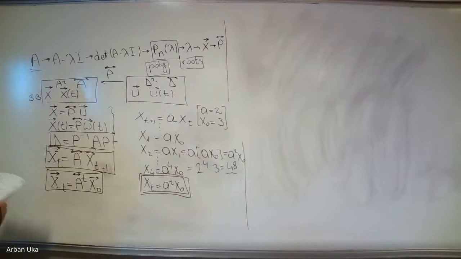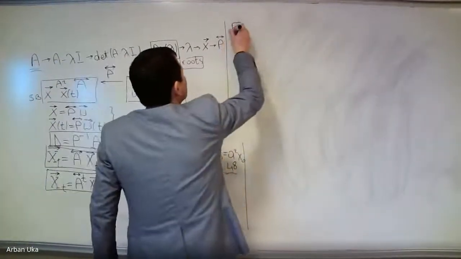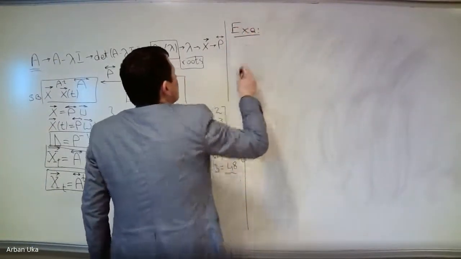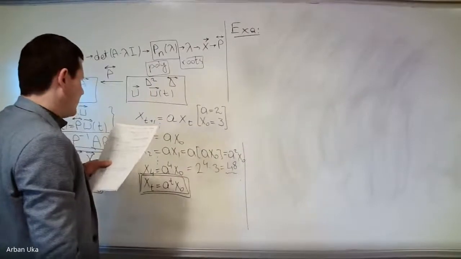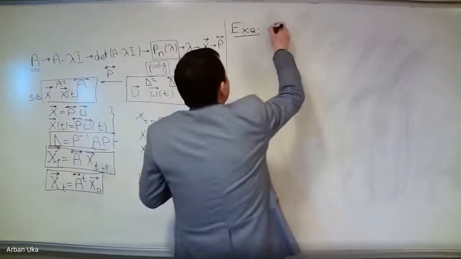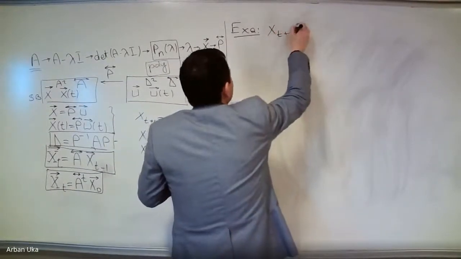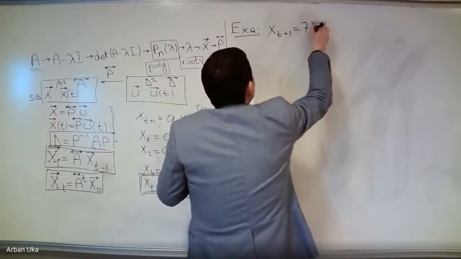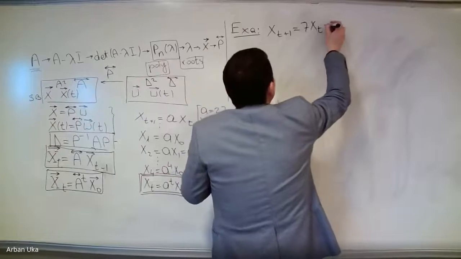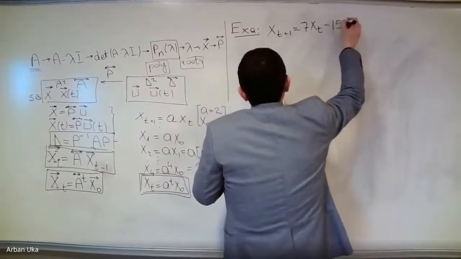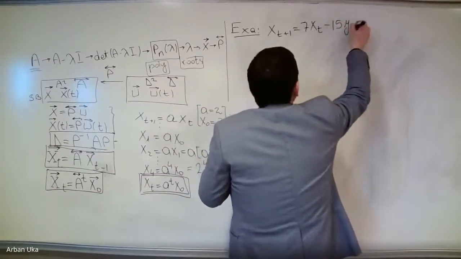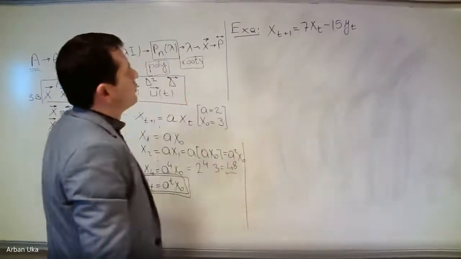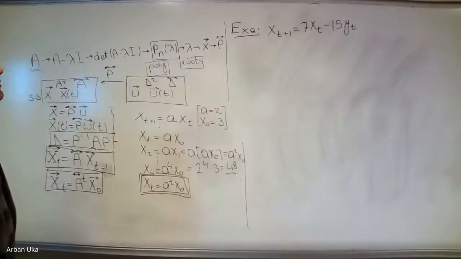And regarding this problem, we can give an example. In this example, let's assume that we have x_{t+1} equal to 7 xt minus 15 yt. So apparently, the way to consider this one might be the following.